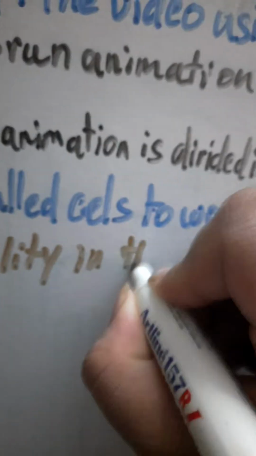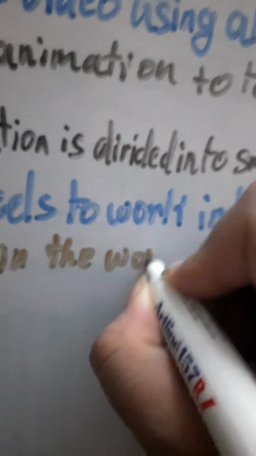Because if I divide the animation into cells, I can give them to different animators, so that would increase the flexibility, it would make the work easy, increase flexibility in the workflow. Now comes root node.